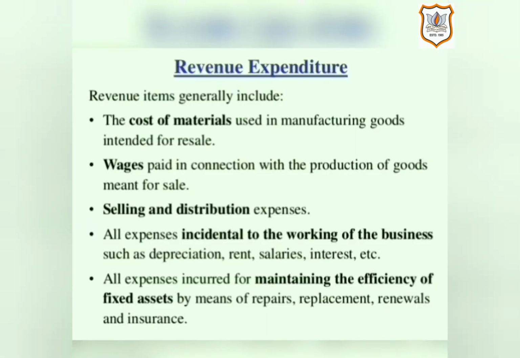Examples of revenue expenditure are salaries, rent, electricity expense, cost of goods sold, taxes, insurance, etc. It will also include expenses incurred for maintenance of various assets by way of repairs, renewals, and replacement of building, plant and machinery, vehicles, etc.